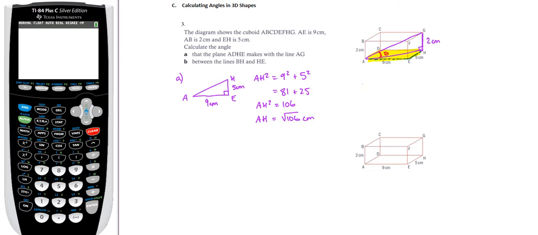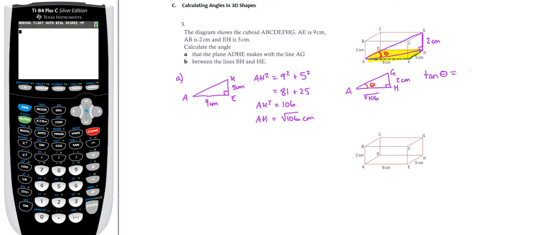So now I can go back to the original triangle of interest, which is AGH. I know GH is 2 centimeters, and now I know that AH is root 106. And now I can use all of this to find my angle. So I have the angle, I have the opposite side across from the angle, and I have the adjacent side. So that's a classic case for the tan ratio.